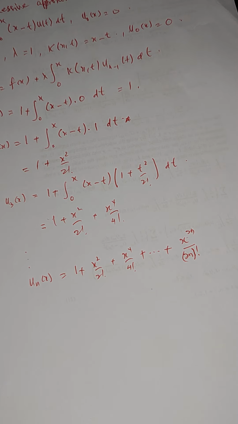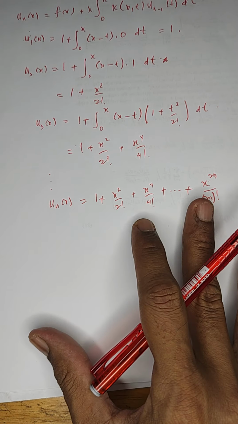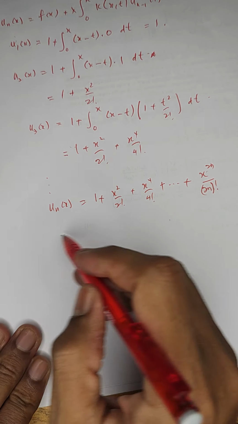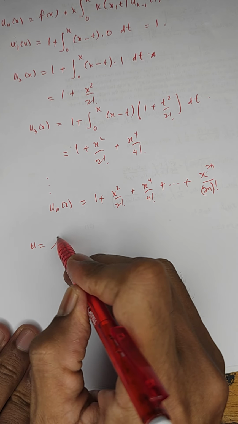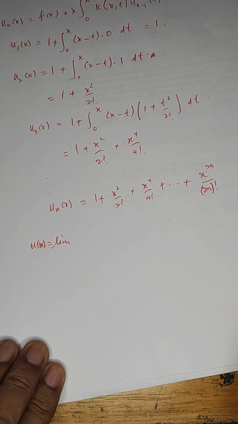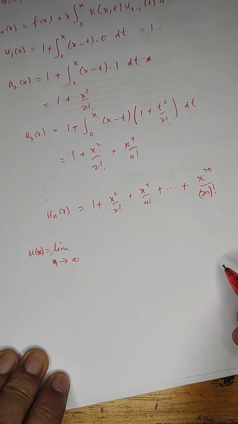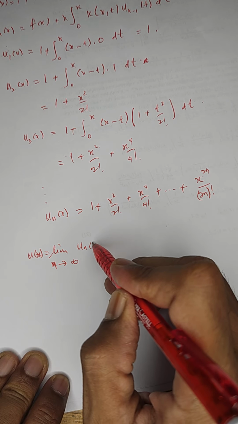Okay, then for the solution, again, because we are looking for the solution u equal to u(x), you take the limit of n tending to infinity of un(x).